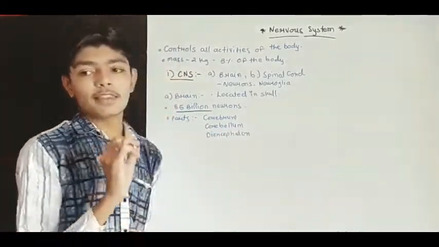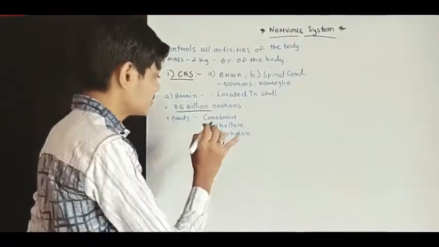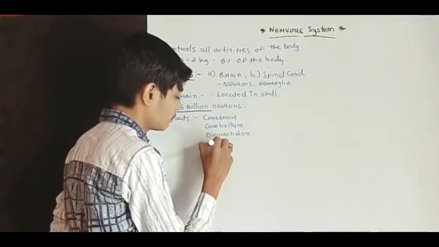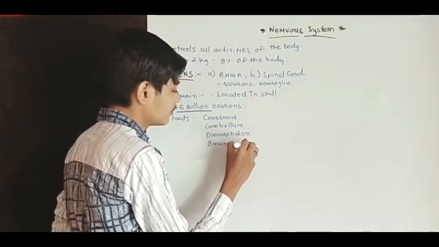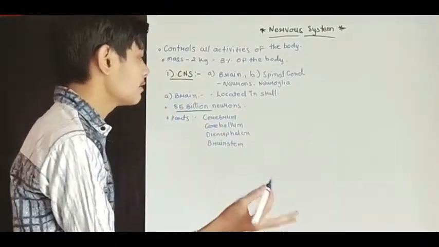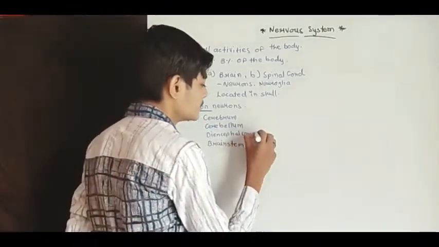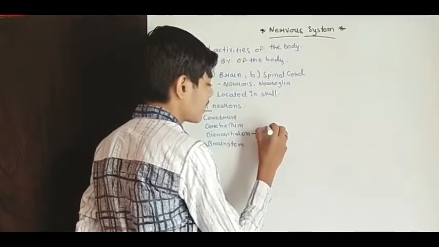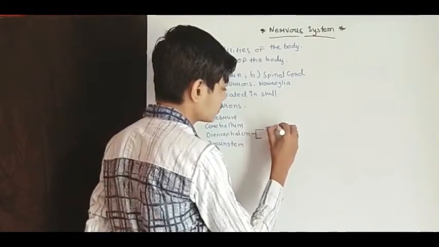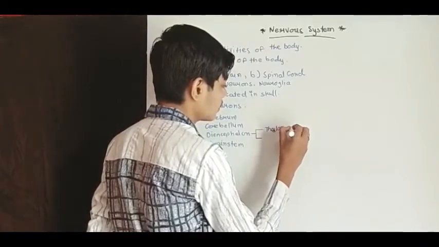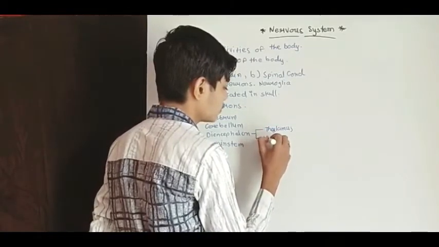And the last part of the brain is brainstem. Now the diencephalon can be further divided into two, which is thalamus and the hypothalamus.